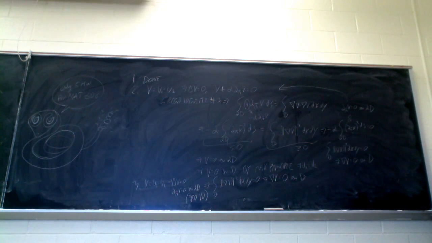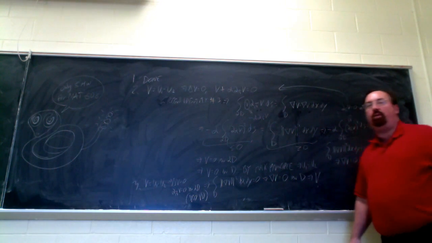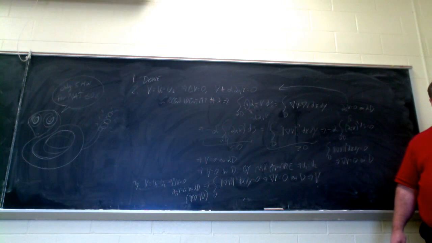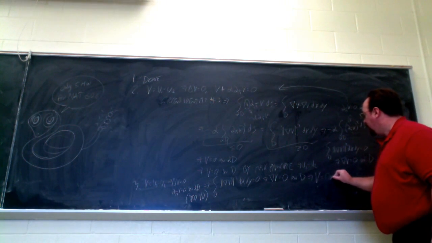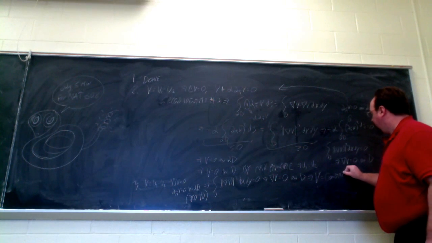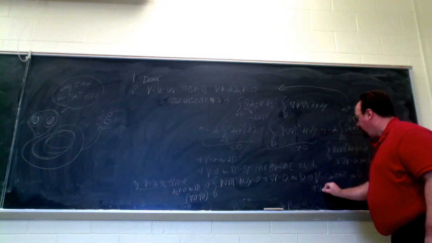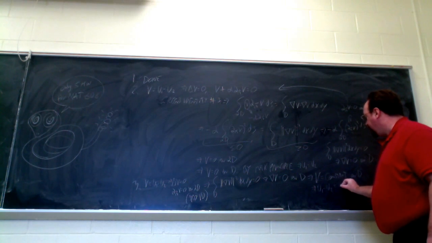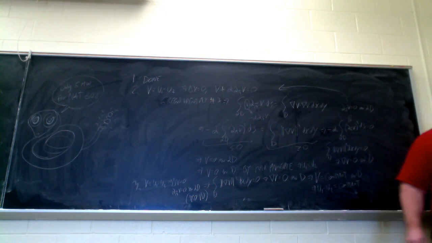That means all partial derivatives of v are 0. So if all the derivatives are 0, then what do we know about the function? It has to be a constant on the entire domain D, so that means that U1 minus U2, the difference of two solutions, has to be a constant.